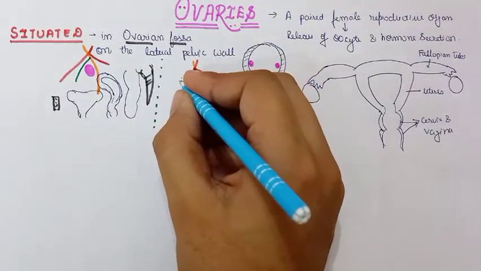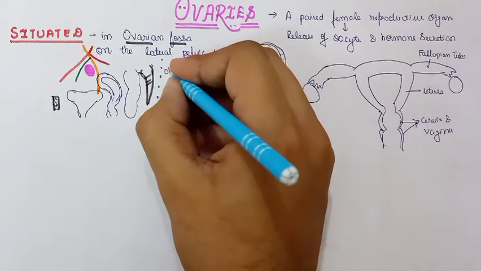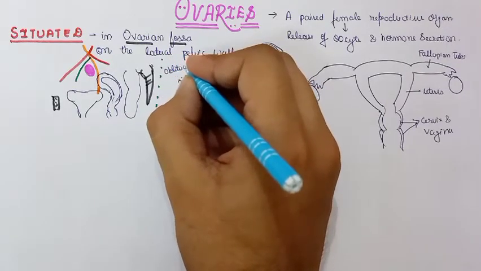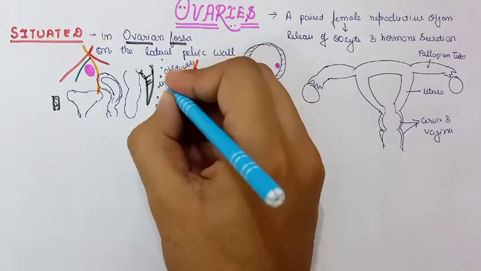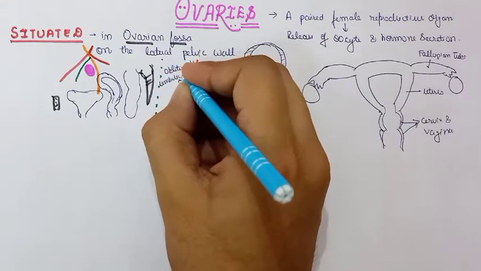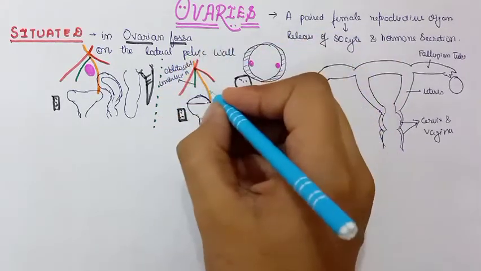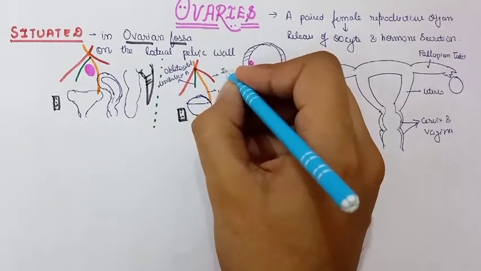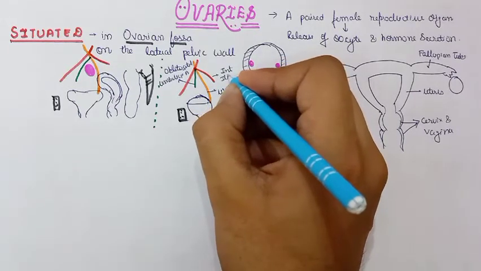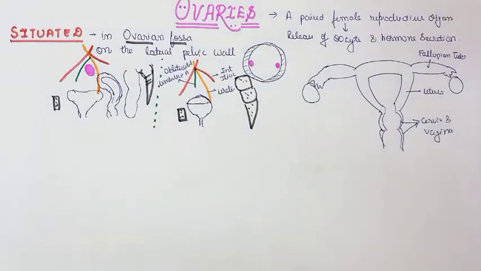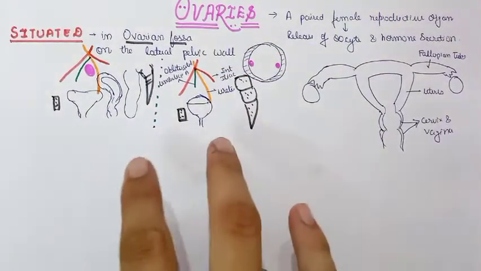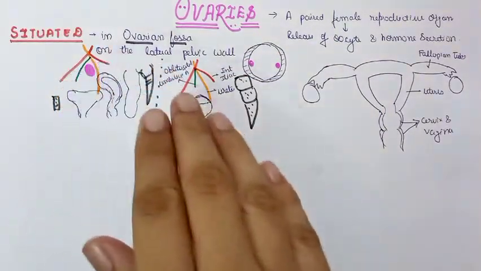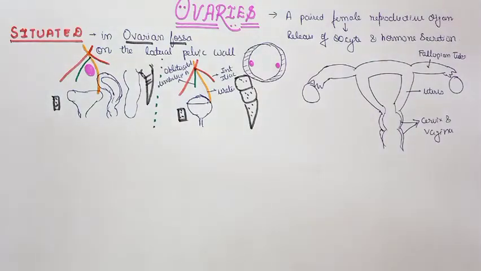So this structure we have here is the obliterated umbilical artery. At the posterior we have the ureter and the internal iliac artery. So if somebody asks you what are the boundaries of the ovarian fossa, I think you will be able to tell with surety and precision.